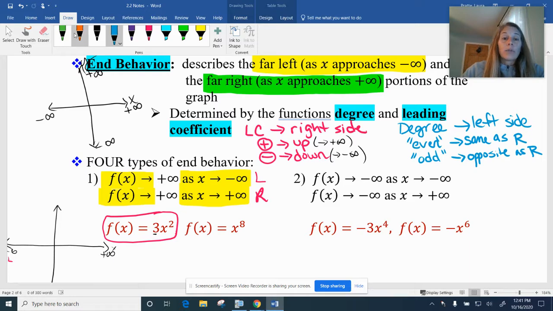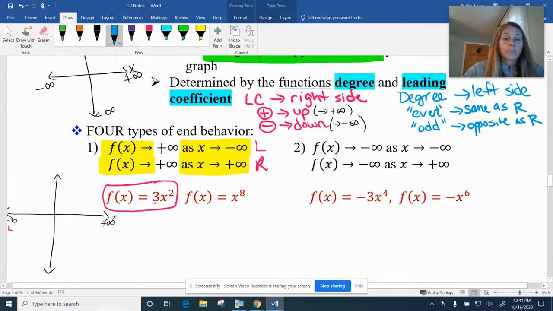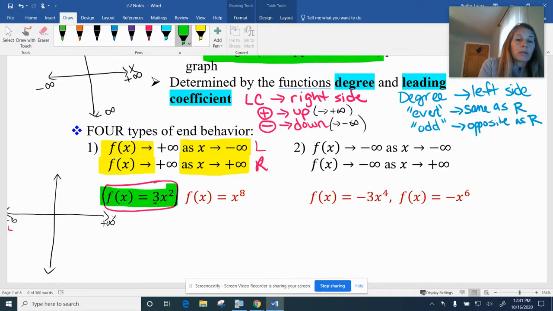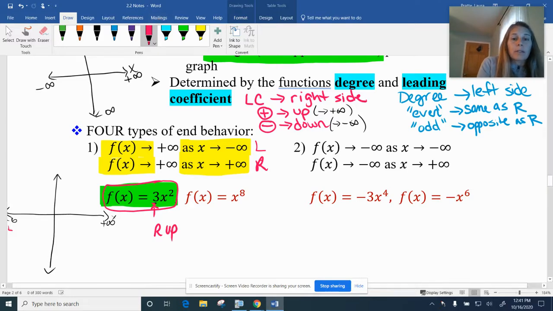Okay, so let's take a look at this first one here. So if I'm looking at this problem here in the green, okay, I know that my leading coefficient here is positive 3. So that tells me that my right side of the graph here is going to go up because it's positive. It's a positive 3.